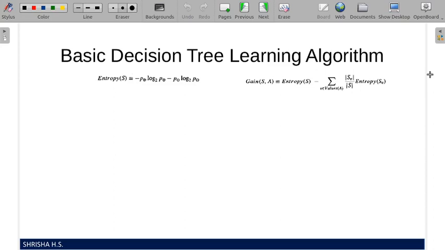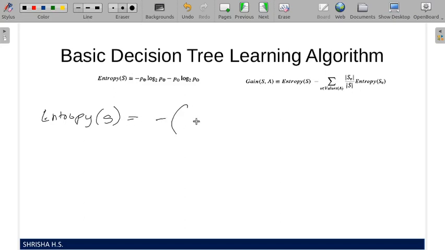First we have to calculate the entropy. Here all 14 instances are considered at the start. We know that there are 9 positive examples and 5 negative examples.